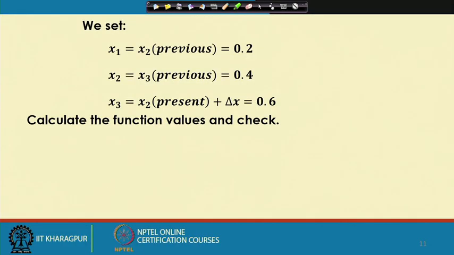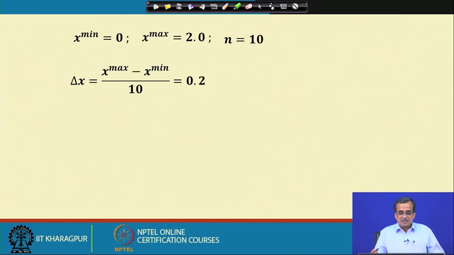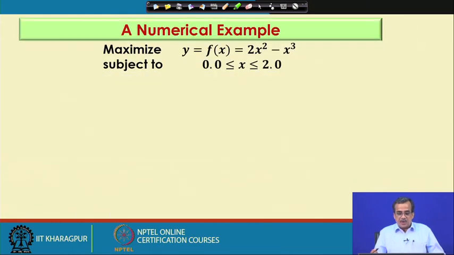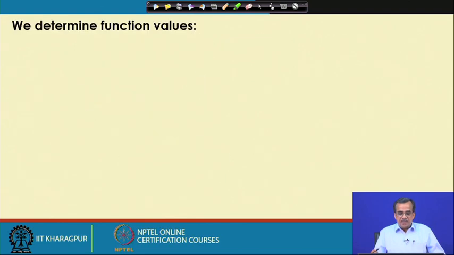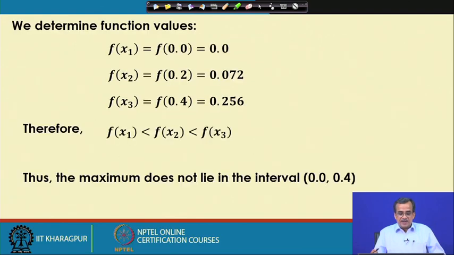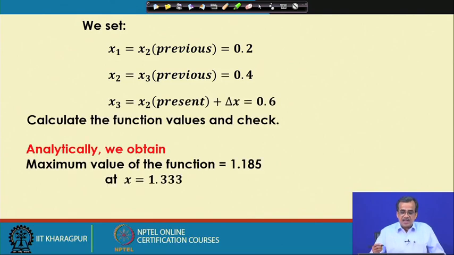analytically we can find out the optimal value. The mathematical form of this function is 2 x square minus x cube. So, if I try to find out the analytical solution, we can find it easily.